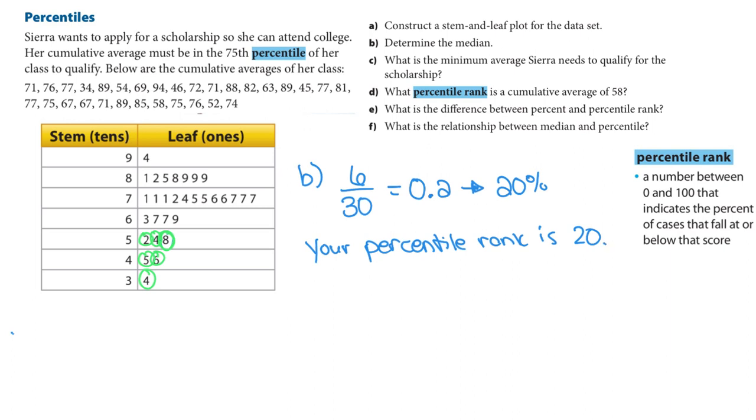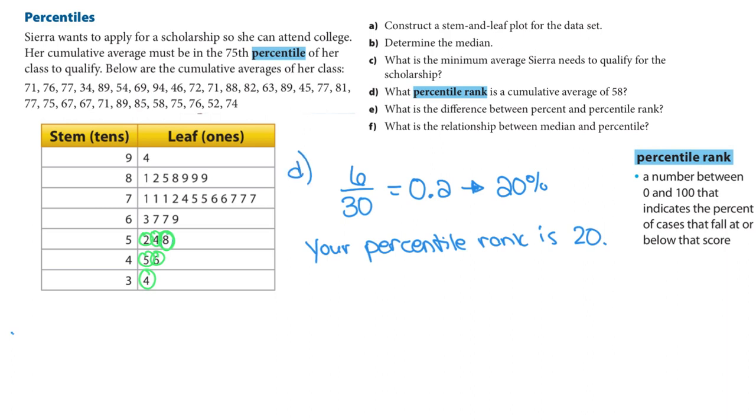Okay? And then, oh sorry, I missed E. What is the difference between percent and percentile rank? A percent is a score out of 100, right?